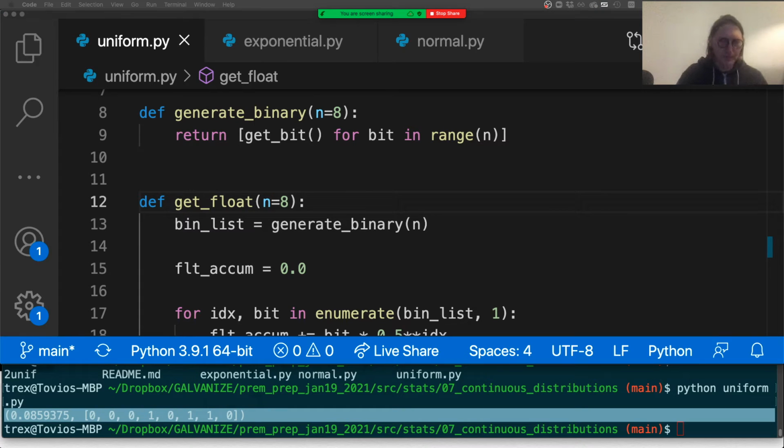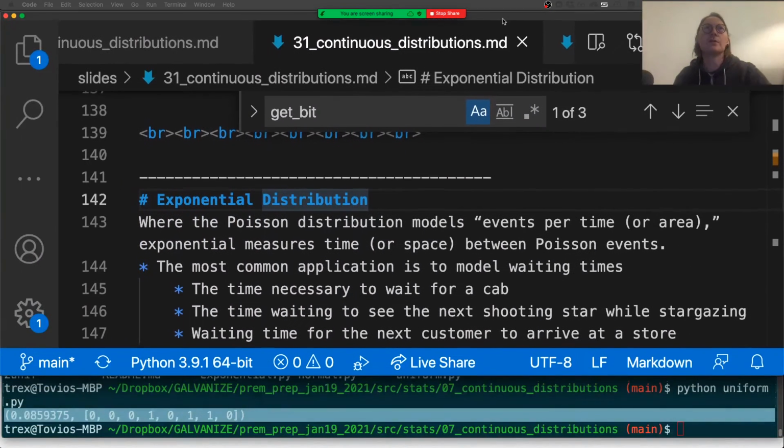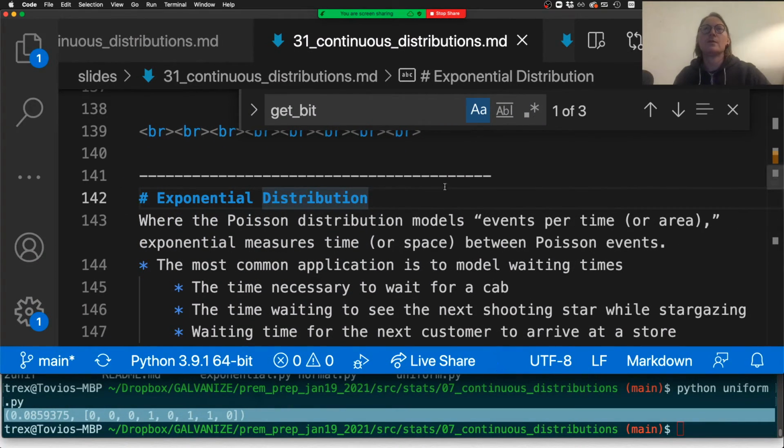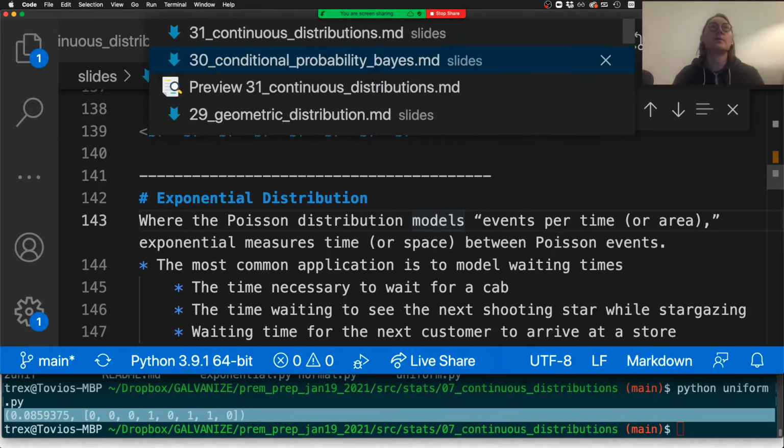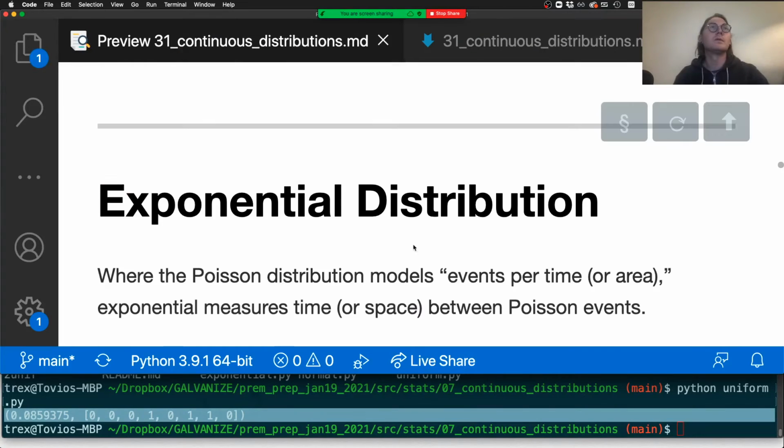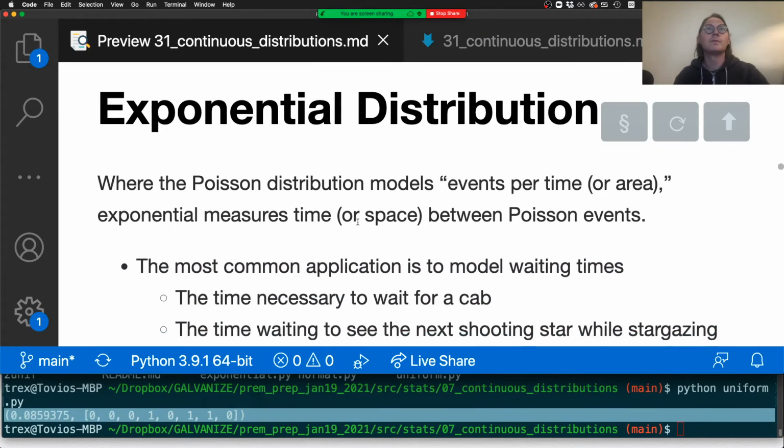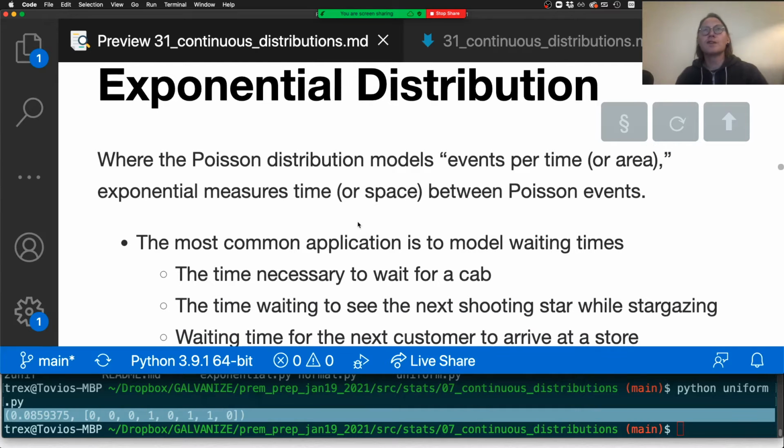Yeah, I think so. All right, so let me pull the notes back up here. Okay, so we were talking about that's pretty good for a uniform distribution.